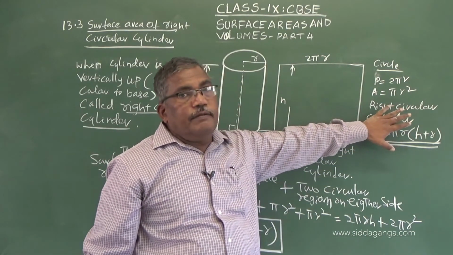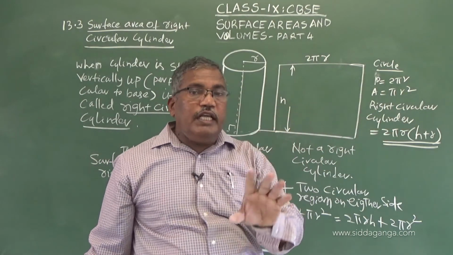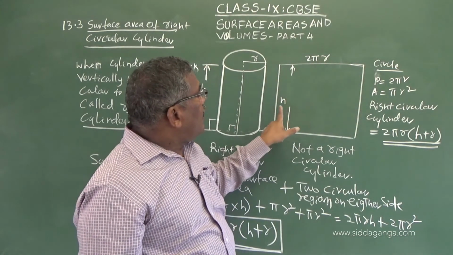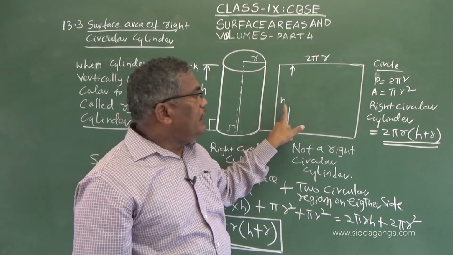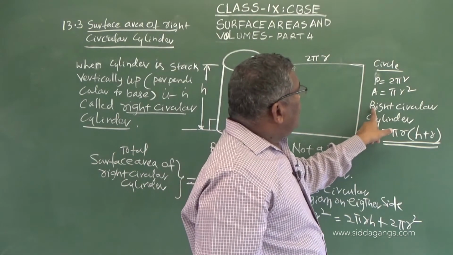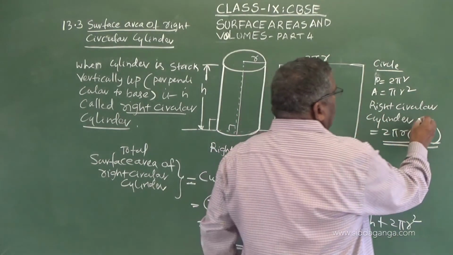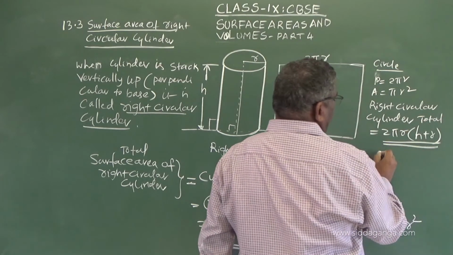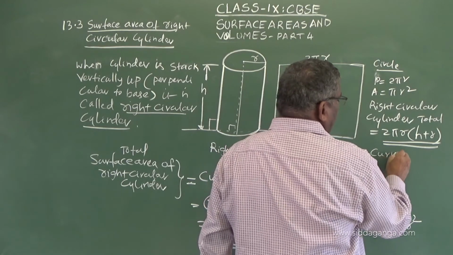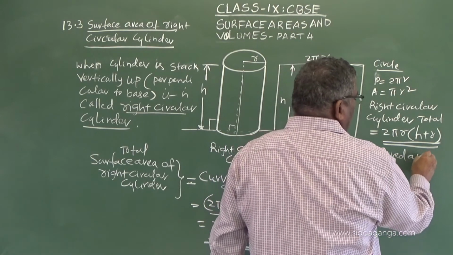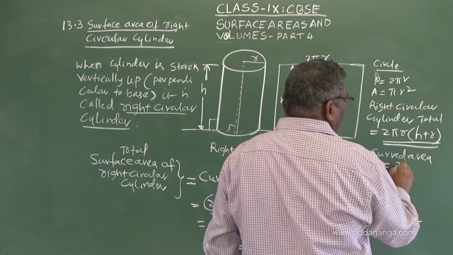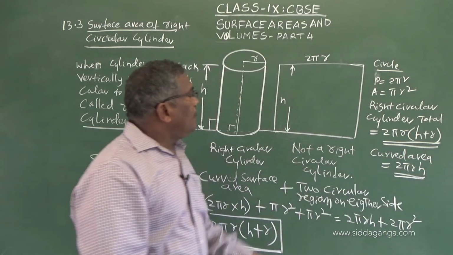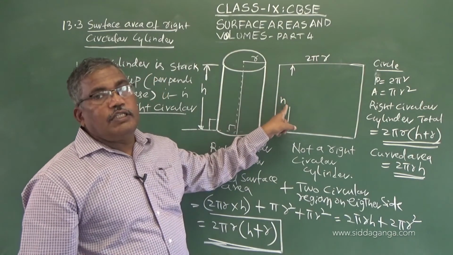Suppose we want only the curved surface area, it is 2 pi r into h. For a right circular cylinder, the curved area is equal to 2 pi r h.